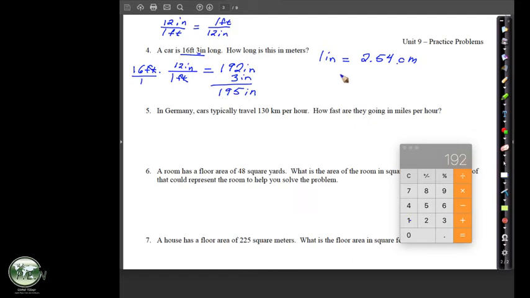What are the two ratios we get? We get 1 inch over 2.54 centimeters, which is the same thing as 2.54 centimeters over 1 inch.